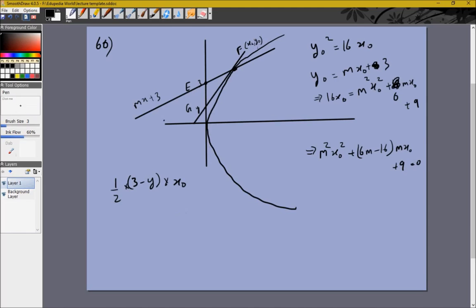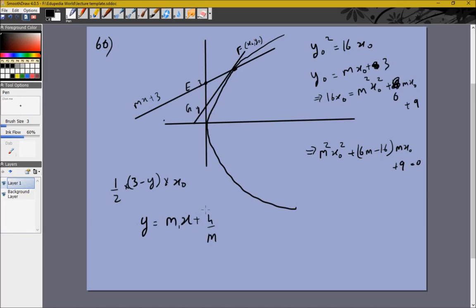Now we also know the equation of a tangent. For a parabola, the equation of a tangent is y is equal to, I'll just use m1 because m is already in use, m1x plus a by m1. a is 4 in this case.